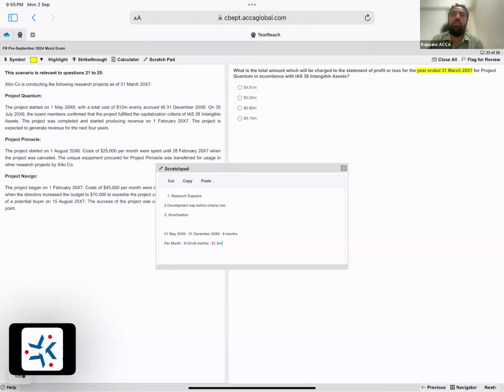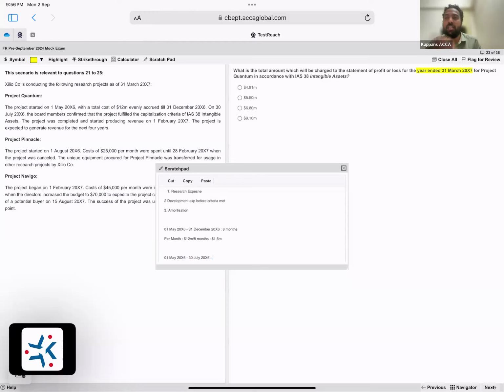On 30th July XX, the board members confirmed that project fulfilled capitalization criteria. So the project started from 1st May 20XX, and it met the criteria on 30th July XX. So till that date, its expenditure before criteria met, it will go to P&L.